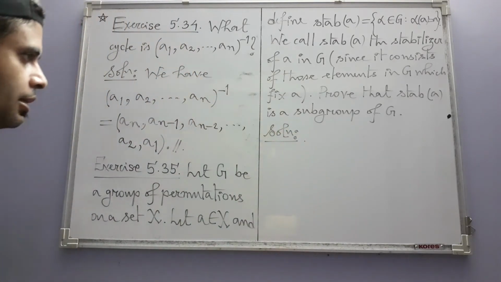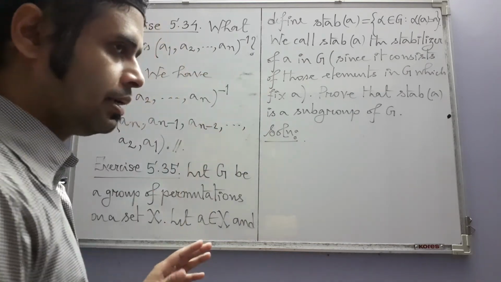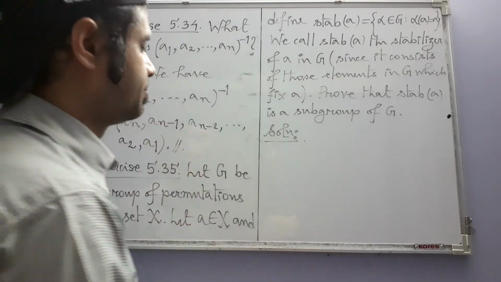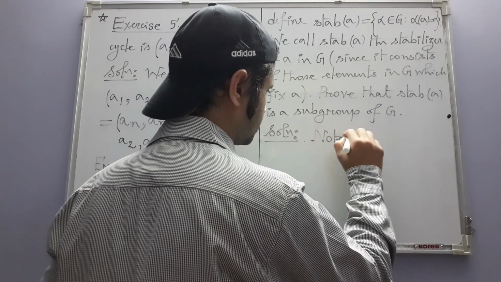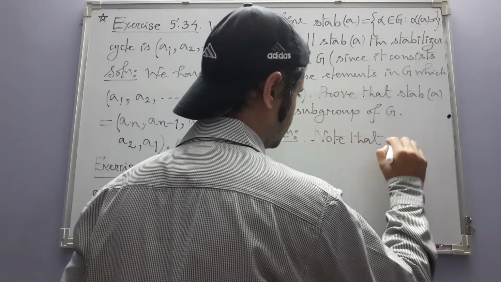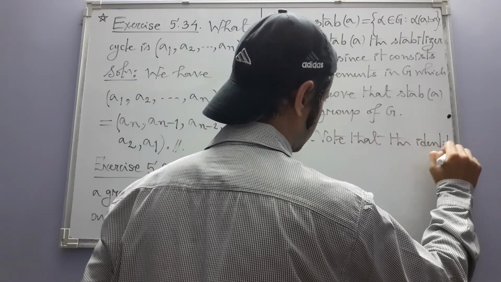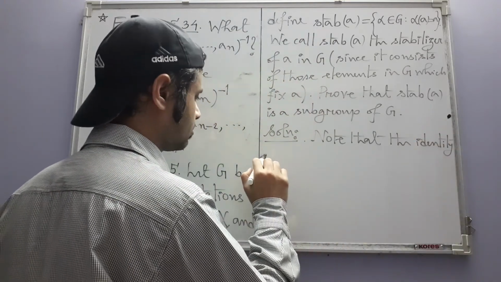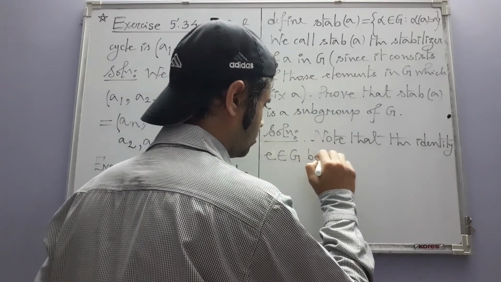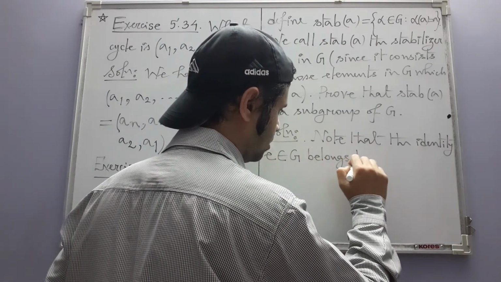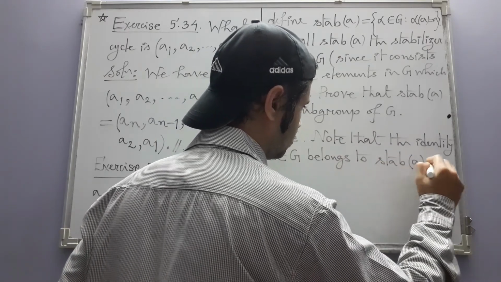Okay, so to prove that something is a subgroup of a group G, that thing should be a non-empty subset first of all. Note that the identity E in G belongs to the stabilizer of A. Why?